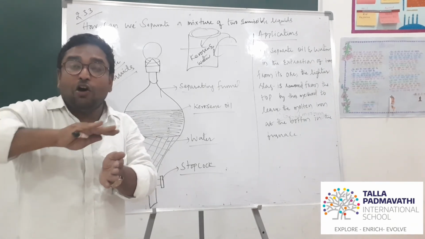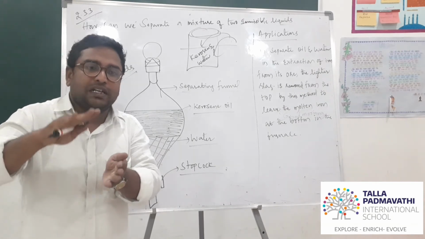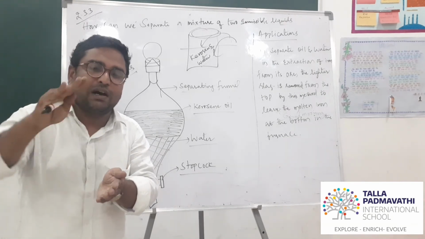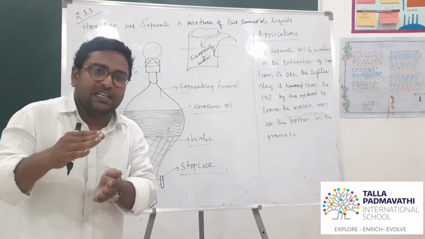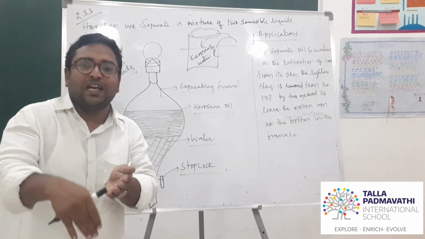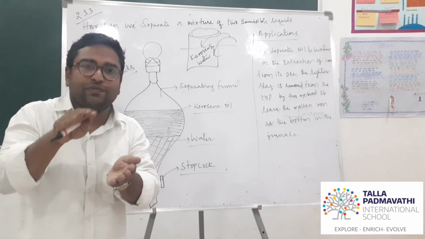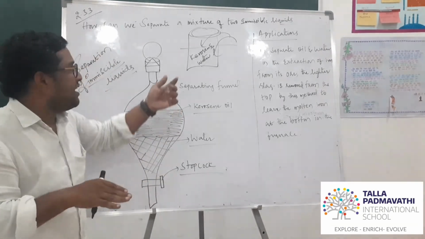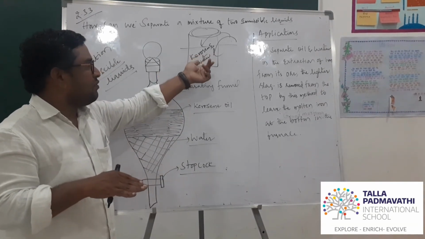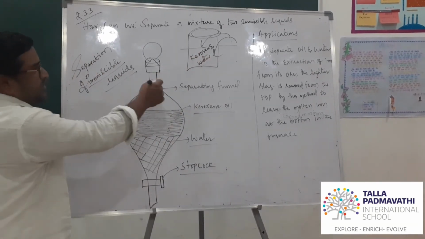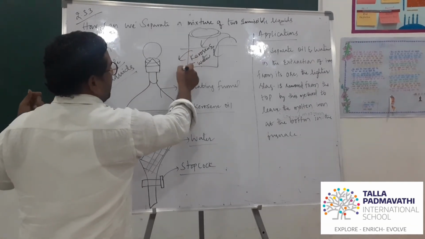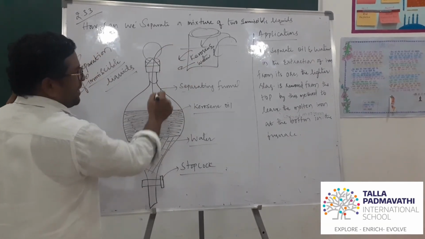What is the reason that oil floats on the surface? Because the density of the liquid is very low compared to water. That is the reason why kerosene cannot go inside the water. In the same way, we have mixed kerosene and water here. You can pour the kerosene and water into this separating funnel.